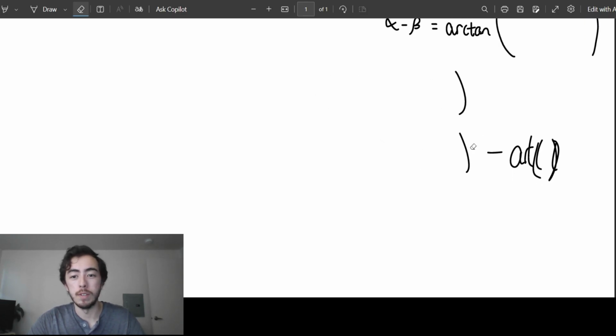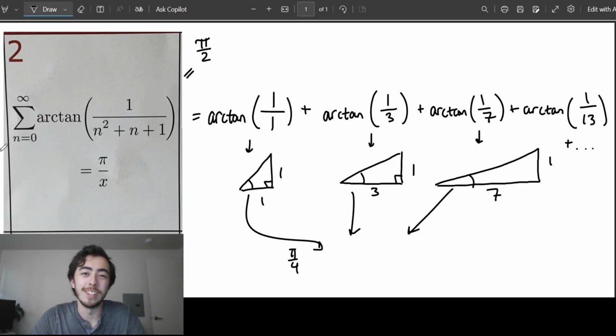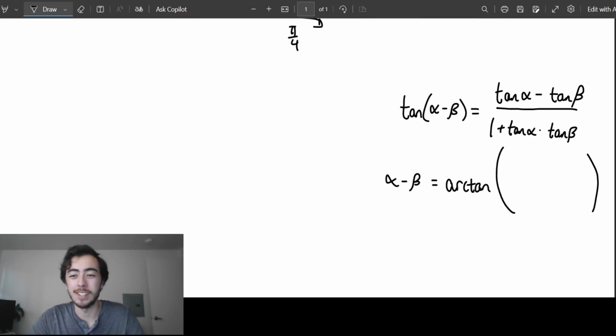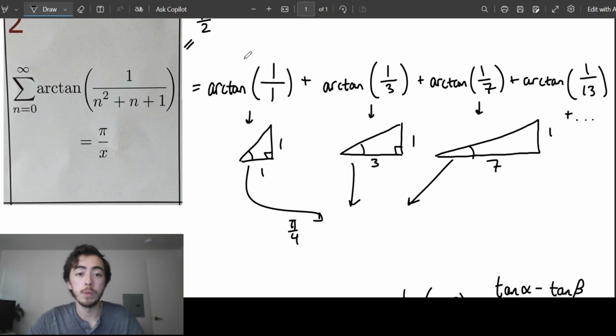Normally this doesn't happen if you just have any random infinite series, but with ones that are printed in math calendars, usually you're going to find some kind of fun cancellations with your infinite series. So additionally, alpha and beta are angles. Angles are also the output of arctangent functions.